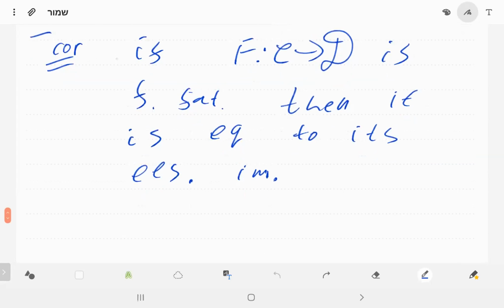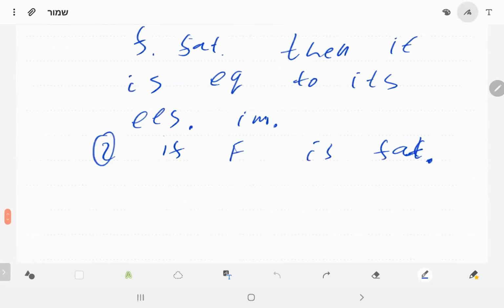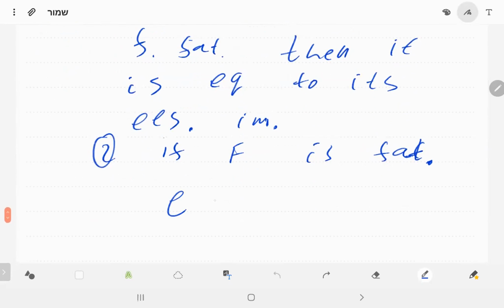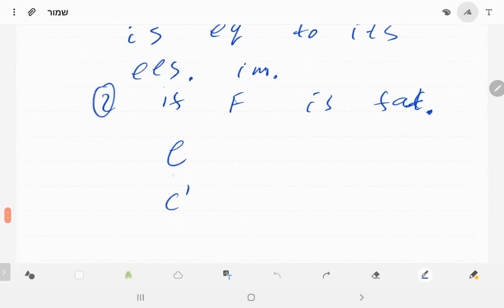And there is something similar for just faithful. If f is just faithful, then I cannot actually think about f as an embedding, because it can be not one-to-one on objects, for example. But you can basically replace C by an equivalent category C prime, D by an equivalent category D prime, and f by a functor.